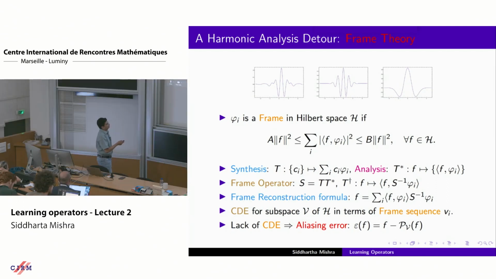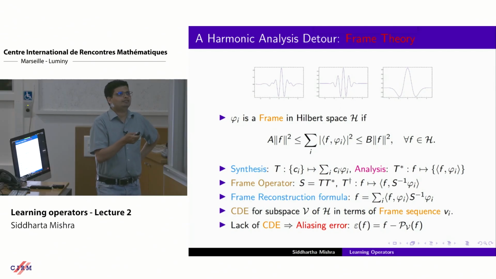And then the analysis operator is its adjoint, so it takes a function and it extracts discrete objects. So, this is from the discrete to the continuous, this is from the continuous to the discrete. And in general, if it is a basis, of course, they are related, they are the inverse of each other, but in general you can't say that. So, then you form what is called a frame operator, which is this TT star, and this itself is invertible.